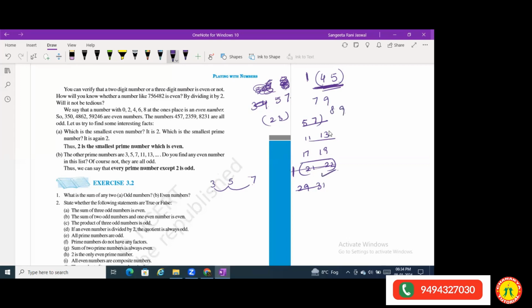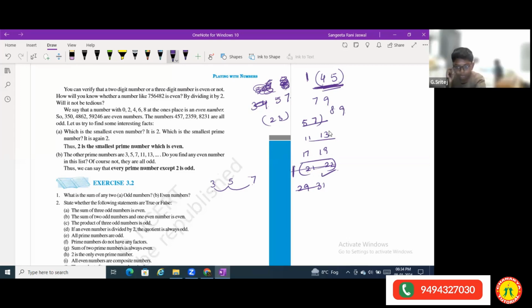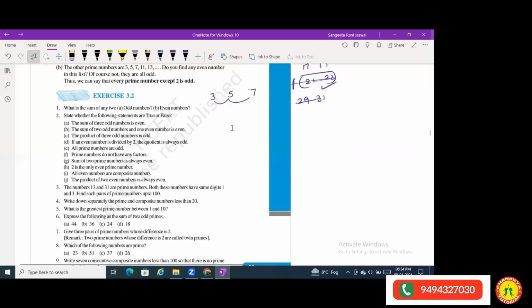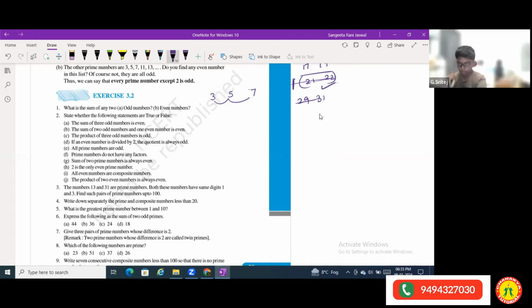Although 22 is not a prime, the common factor between them is 1 only. And all consecutive numbers are co-primes.